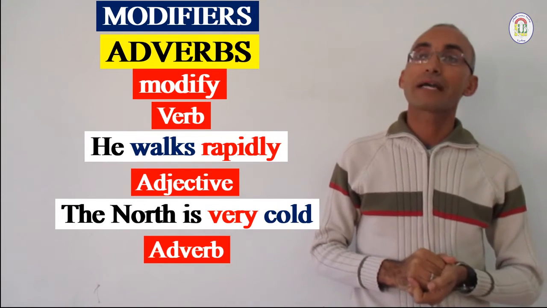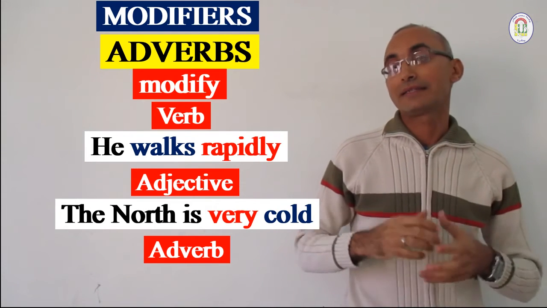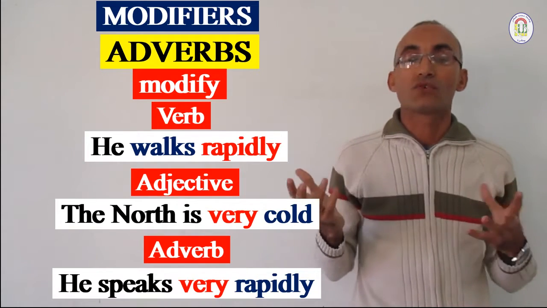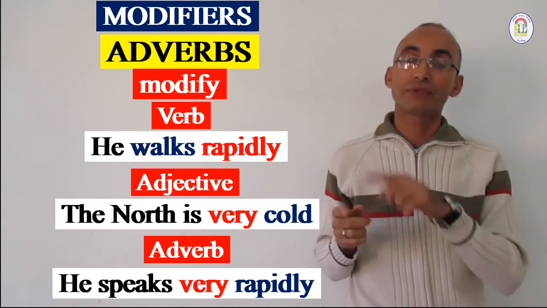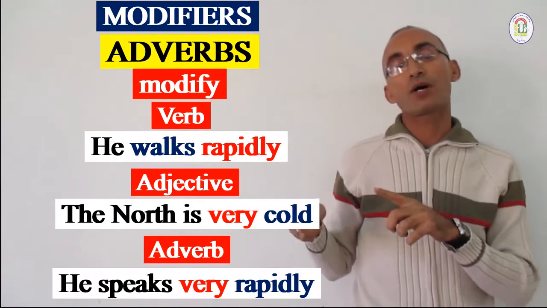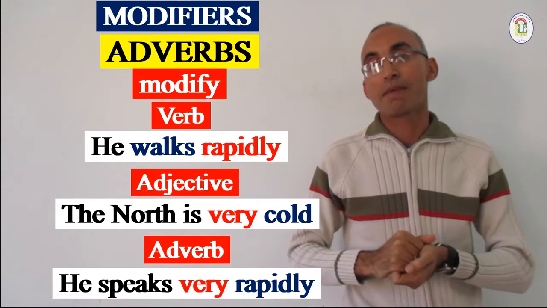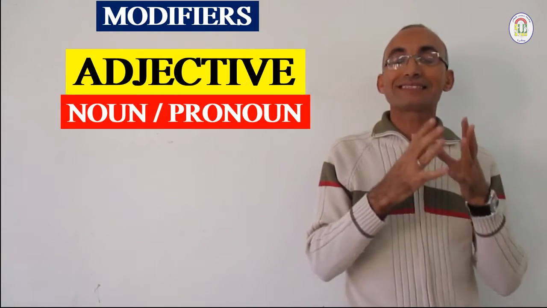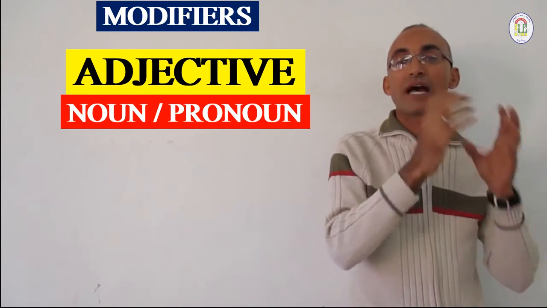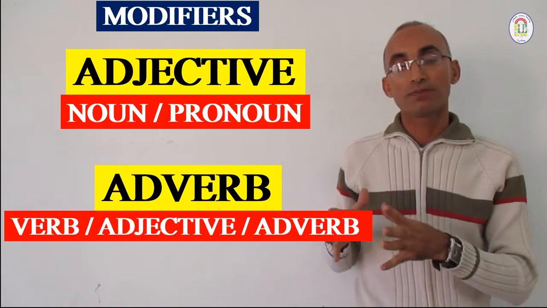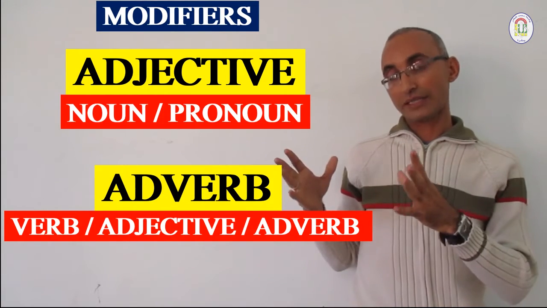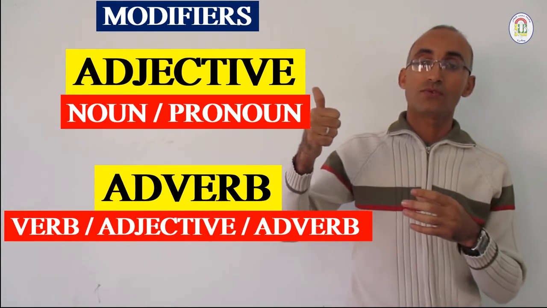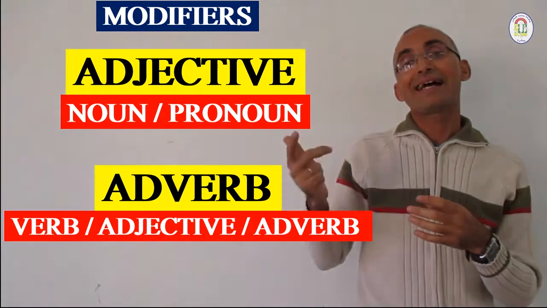For example, he speaks very rapidly. So in very rapidly, very is an adverb of degree that modifies another adverb of manner. Clear? Now, we must just bear in mind that when we say adjective, it is linked to a noun. When we say adverb, it's linked to these three elements, which are verb mainly, adjective and adverbs.